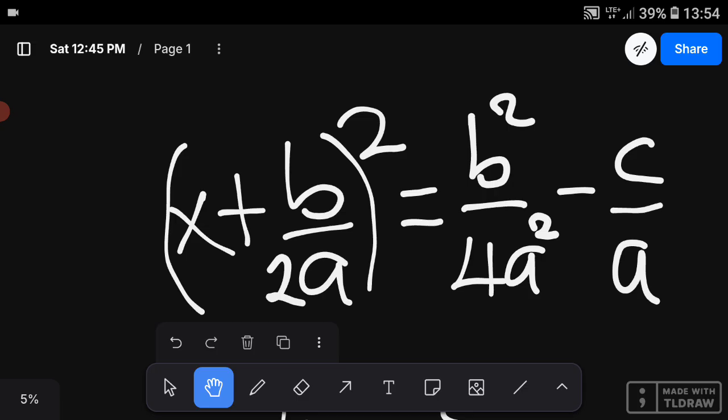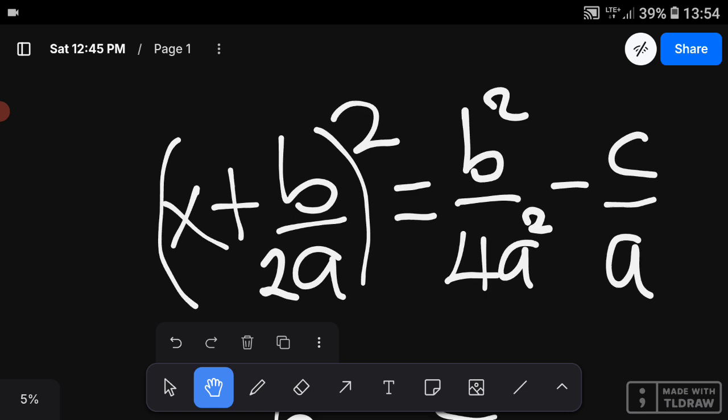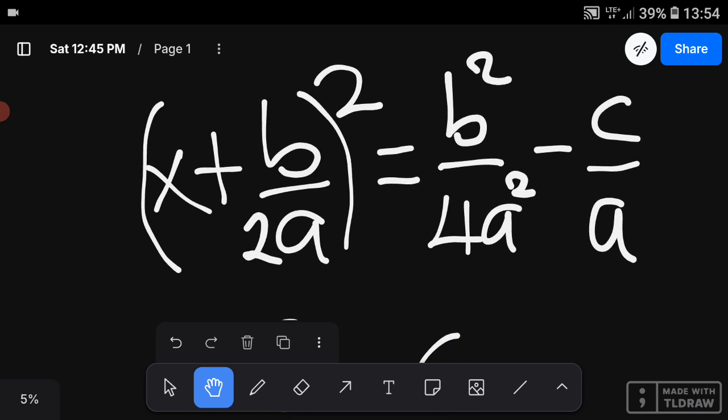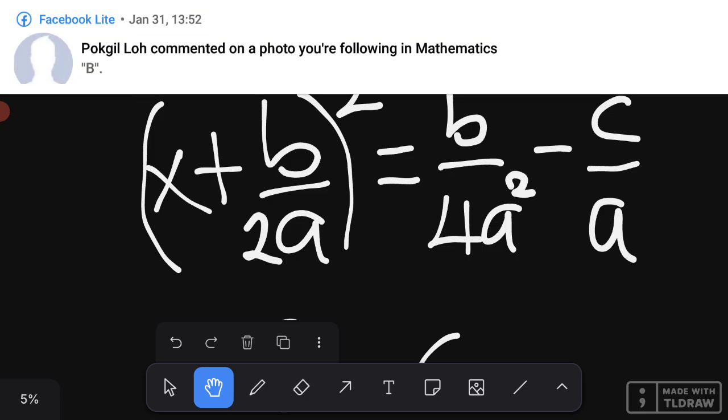So this is the perfect square, and we have this equal to, now when we have b on 2a all squared, taking off the brackets, we have b squared because b multiplies b, and 2a multiplies itself, that gives 4a squared, minus our constant c on a.